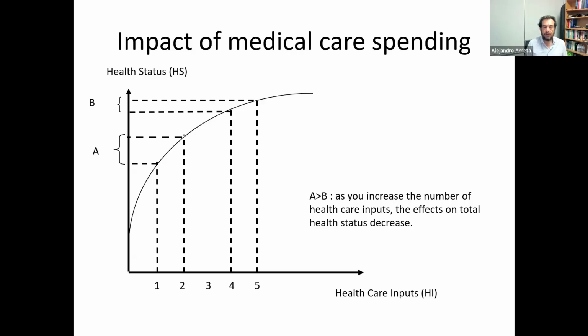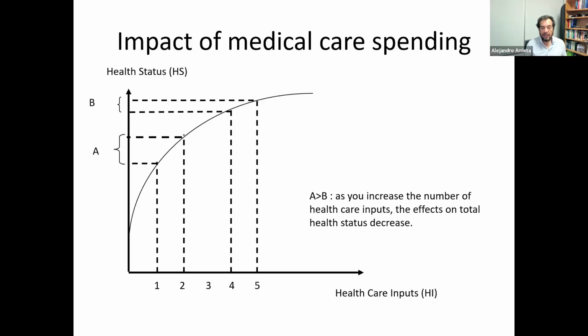At the beginning, if you are in a poor country and you start from nothing to something, the impact on the health status of the population is very big. Moving from one healthcare input to 2, you have an increment in health of about A. That is the magnitude of that change.